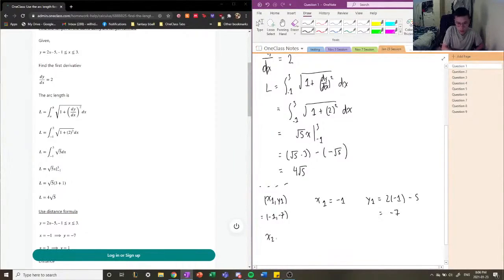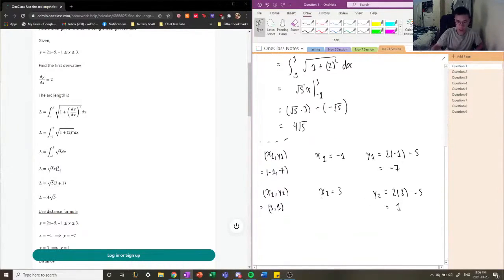And x2 is equal to 3, and y2 is 2 times 3 minus 5, which is 1. So x2, y2 is 3 and 1.